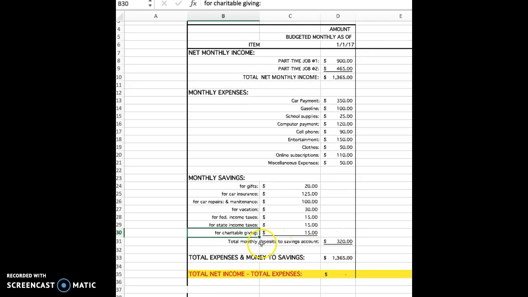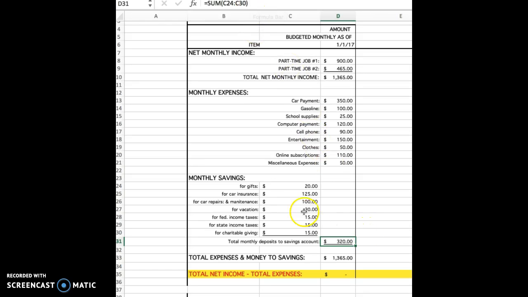Now, this number right here, the $320, is the total of all of these monthly savings. And again, if you look at the top of the spreadsheet, way up here, in this line, you see way at the very top, it says sum C24 colon C30.